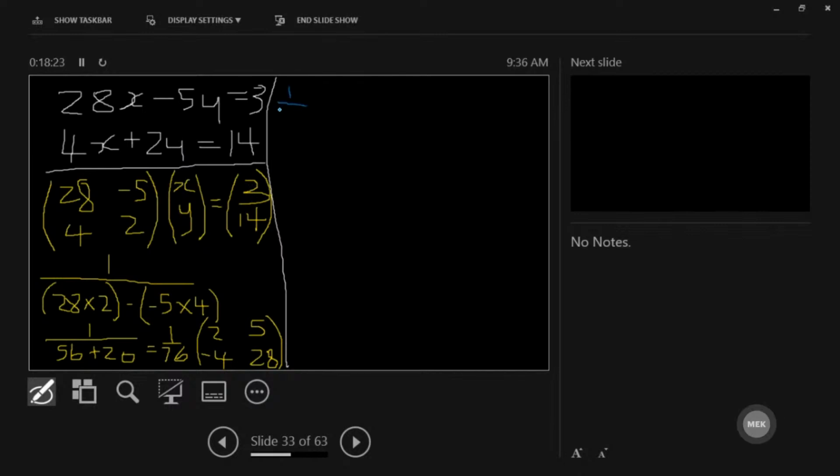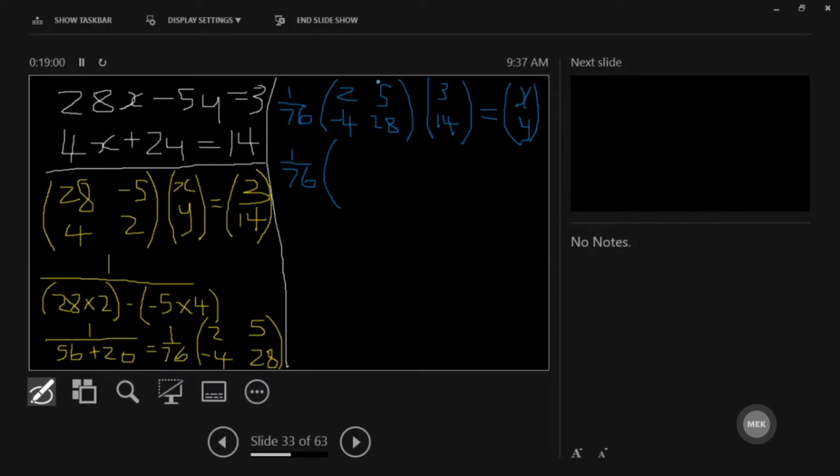So we have, right back, our inverse, 1 over the determinant times the adjoint, times 3 over 14 would give x and y. So we're going to retain the fraction and leave this part for last.